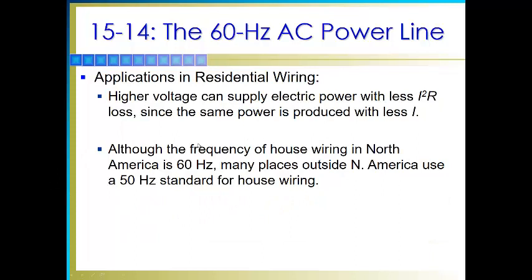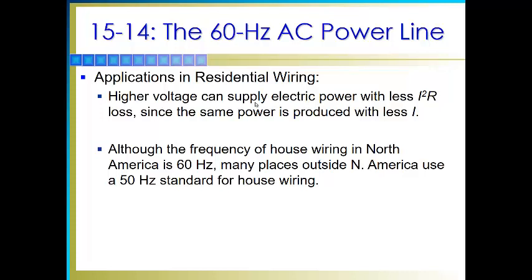Okay. High voltage can supply power with less power losses, since the power is produced with less current. In other words, typically on the high voltage power lines outside the house, the power is transmitted at very high voltages.